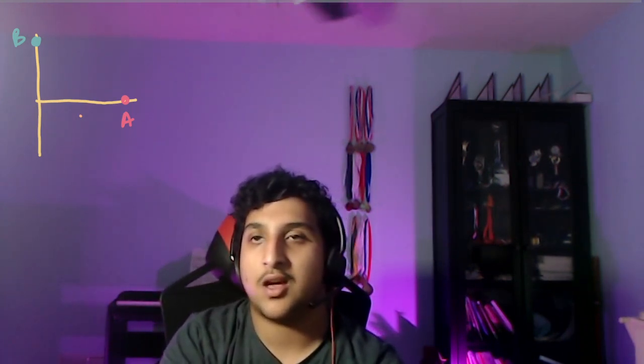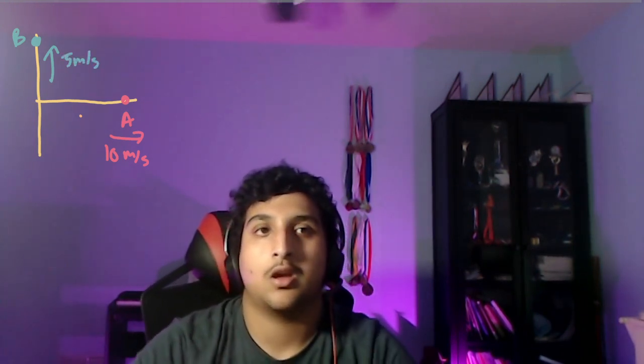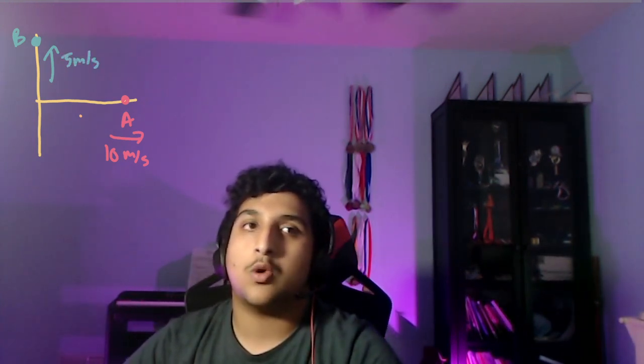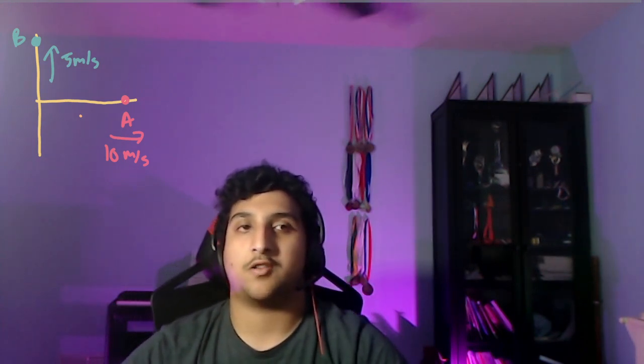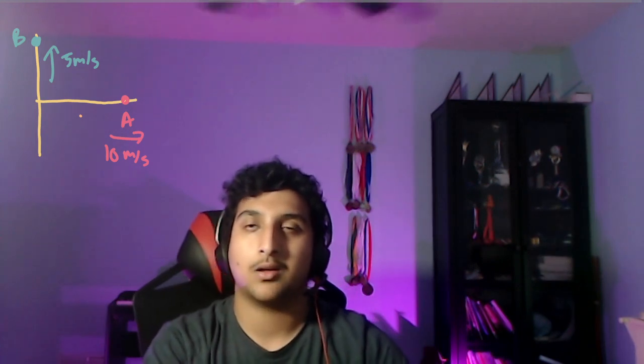So let's say A is heading east at 10 meters per second. And then B is heading north at 5 meters per second. Right. So at what rate is the distance between the particles changing when B is 15 meters away?